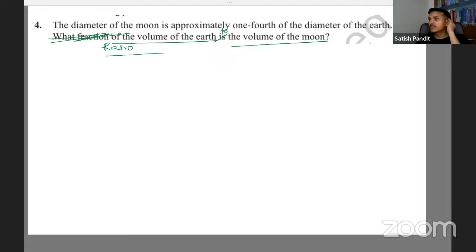Not pressure, Suvashita. Still not correct. I just want the ratio of the volume of the earth to the volume of the moon. Just I want that answer. Yes, Suvashita, right. No, Roshan, not right. No, Aditya, not right.